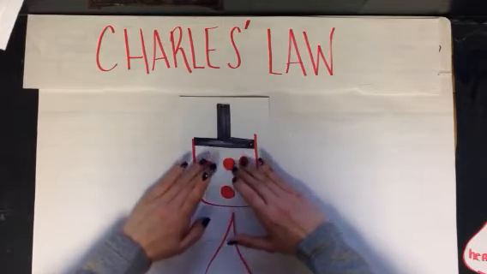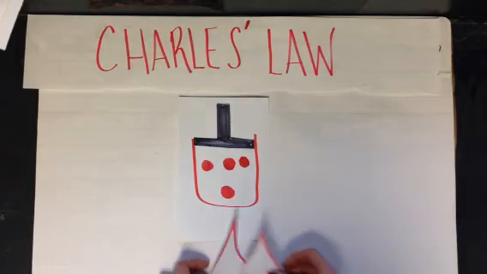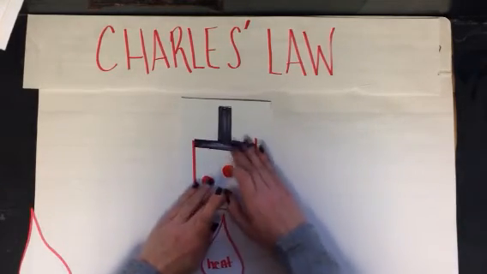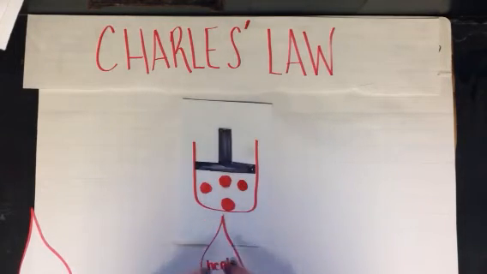The volume of the gas expands. This is what happens when I start to increase my temperature. And in reverse, if I was to decrease my temperature, all my molecules start to move a little bit slower, and the volume starts to decrease.